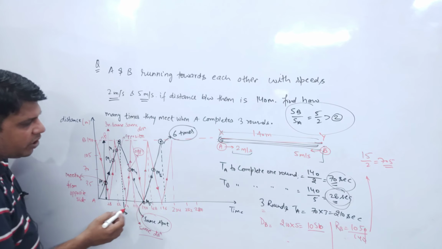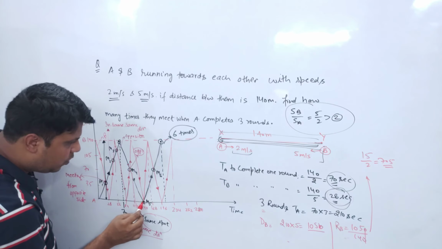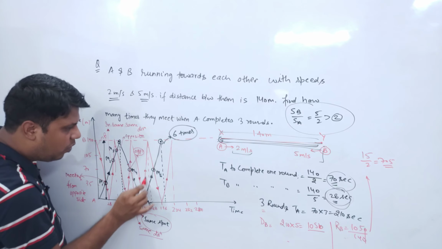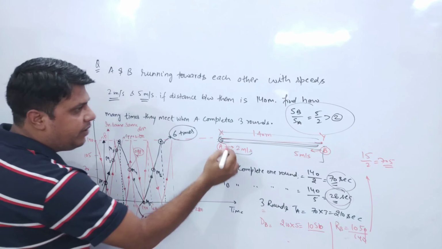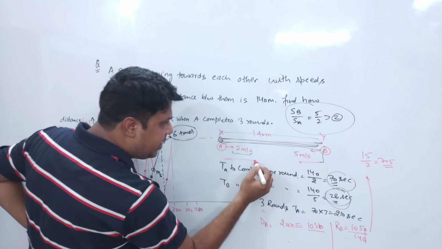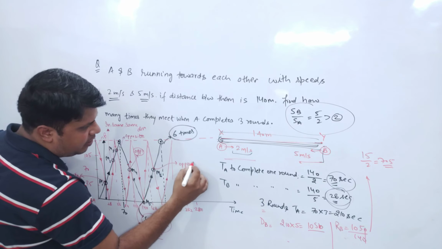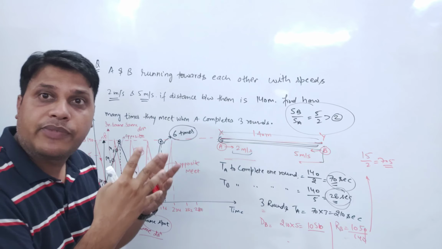And the sixth meeting point would be, now both have started from the same location, so they are going in the same direction, there will be no meeting. So now when B is returning, now at 5 rounds B is here, at 6 rounds B is here, now B is returning and A is in the same direction. So again this is an opposite meeting. So how many times are they meeting from the opposite direction?